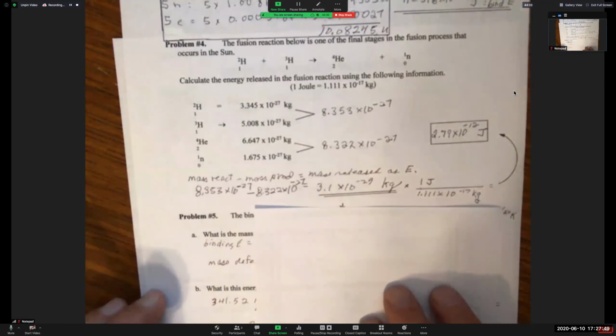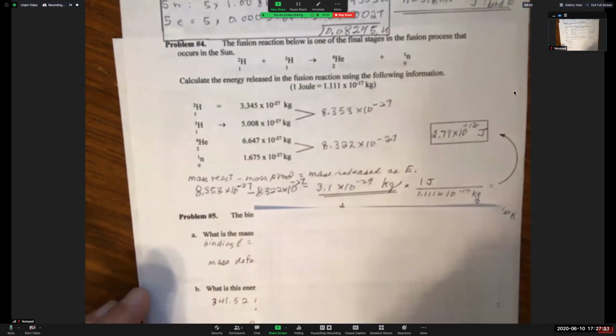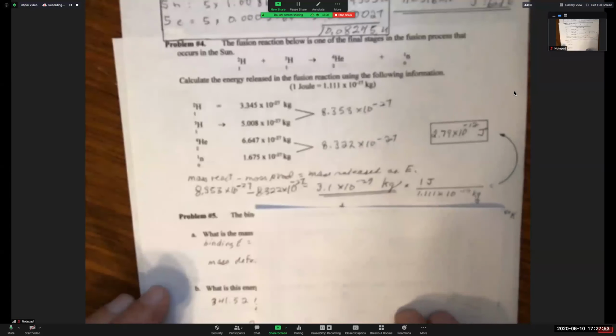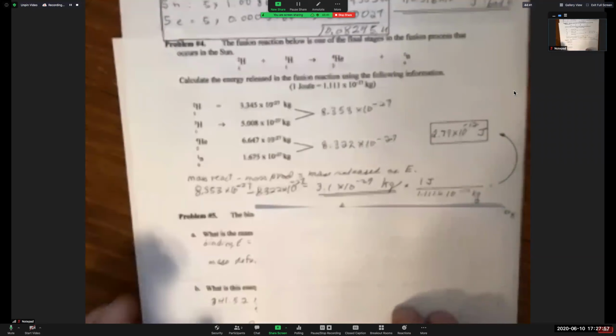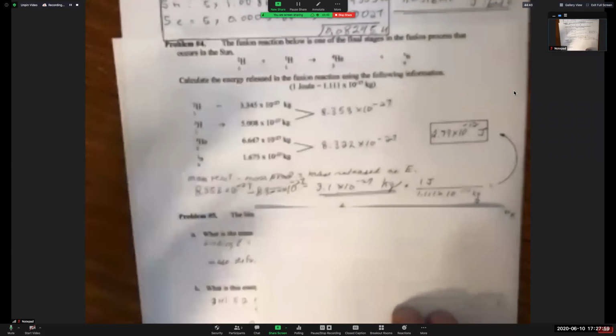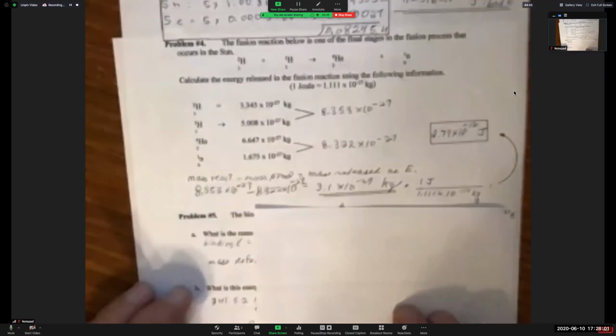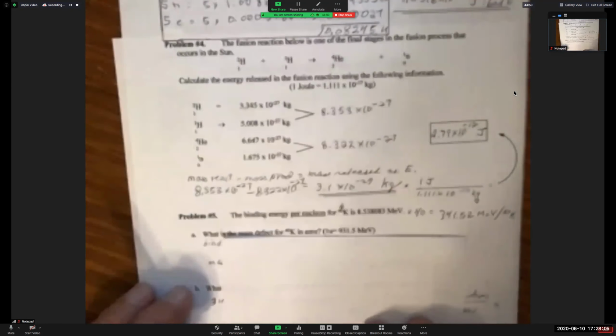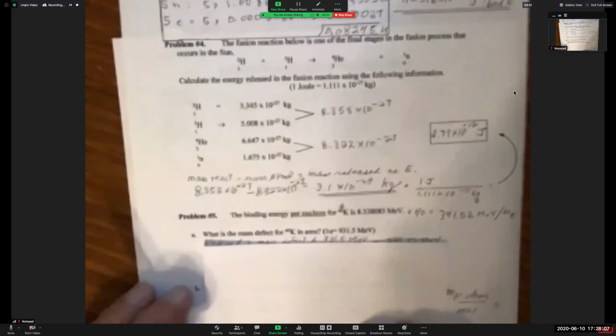And if you talk about a fusion bomb, that's what happens in a fusion bomb. A hydrogen bomb probably only needs a mole of hydrogen to blow up a whole city. That's how much energy would be released. A hydrogen bomb is a fusion bomb.